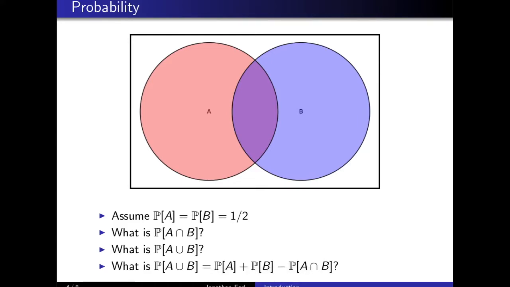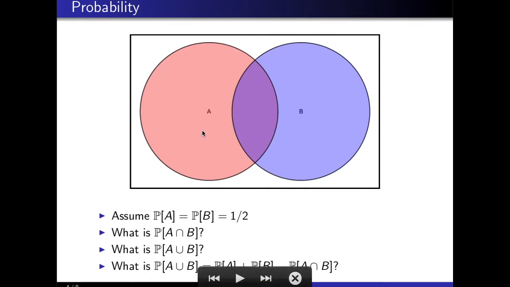Okay, so one rule that we have for finding the probability of an event A or B is that it's the probability of A plus the probability of B minus the probability of both A and B. The reason for this is kind of clear from the picture. We could think about what's going on as the areas of our regions.